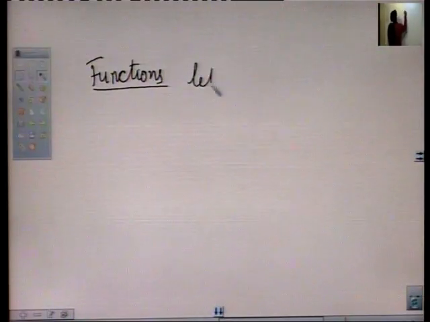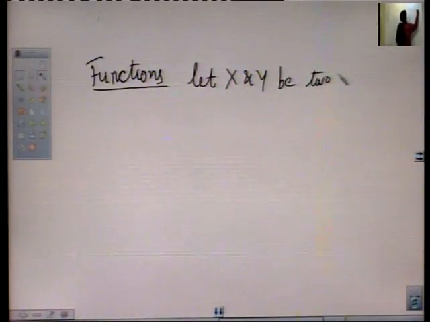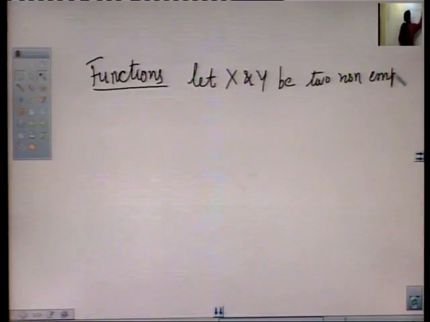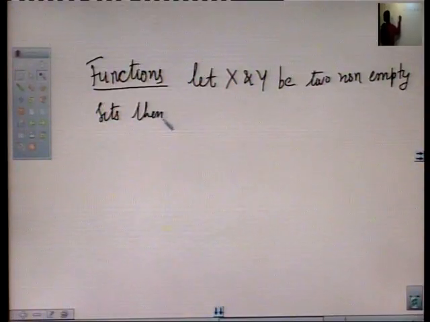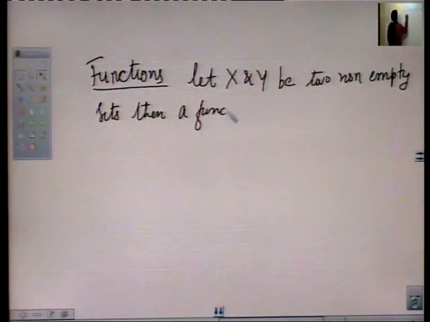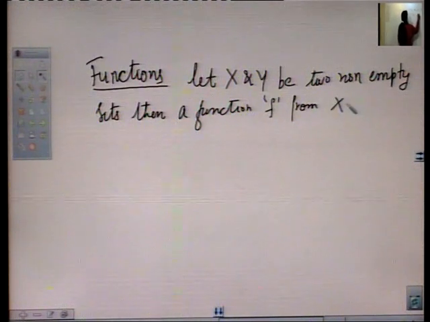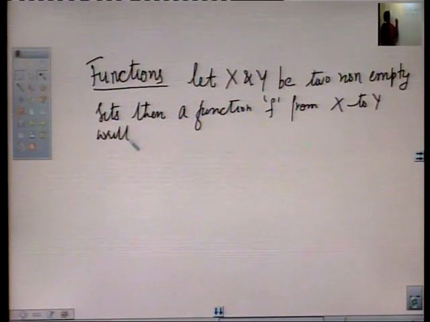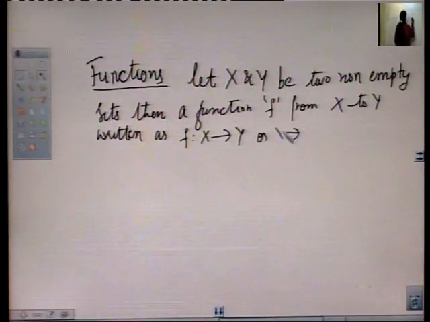Let x and y be two non-empty sets, then a function f from set x to y, written as f: x to y, is a rule.